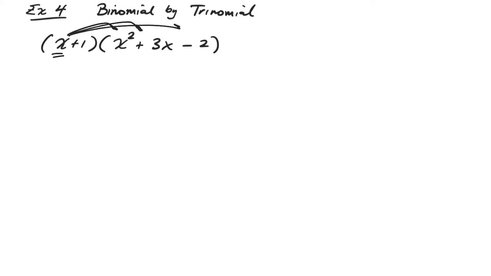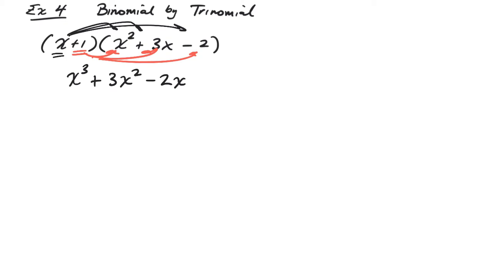I have 3 distributions to do this time with that x, not just 2, because there are 3 terms in the second group. So I do x times x squared, which makes x cubed, and x times positive 3x, which is 3x squared. And then I do x times the negative 2, just following my arrows, and I get negative 2x. And then I move over to this positive 1, and I distribute that.